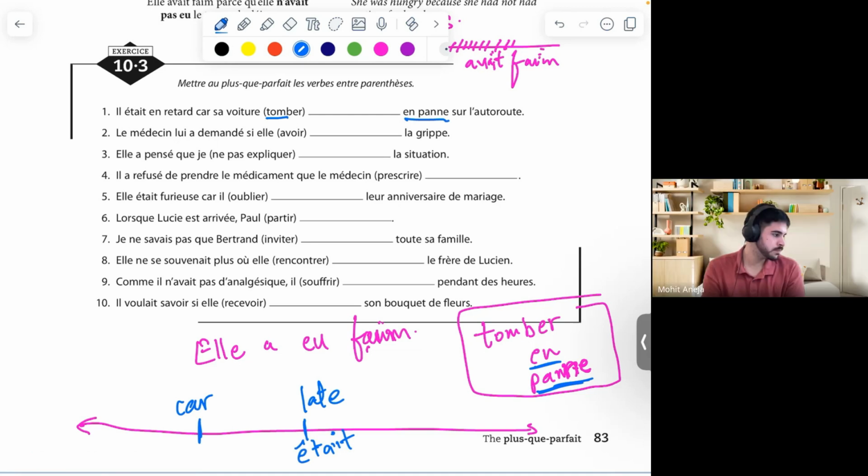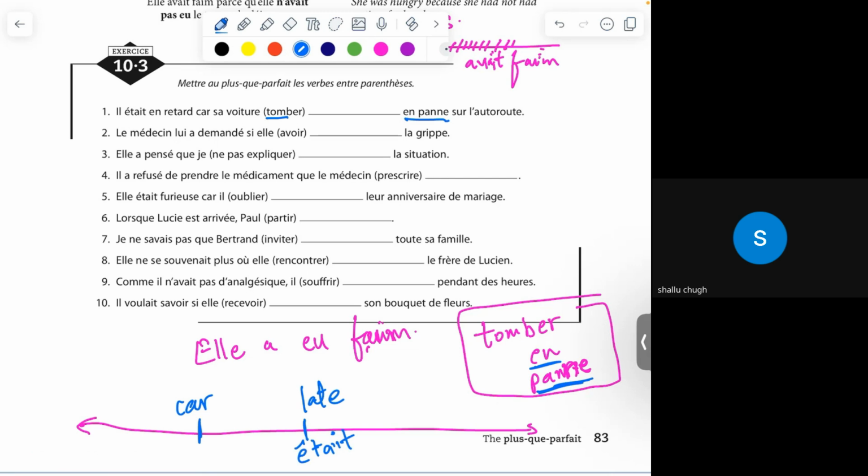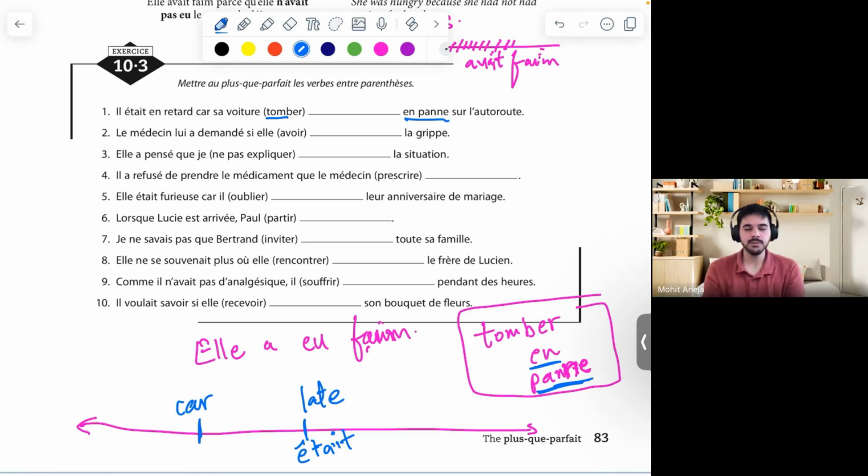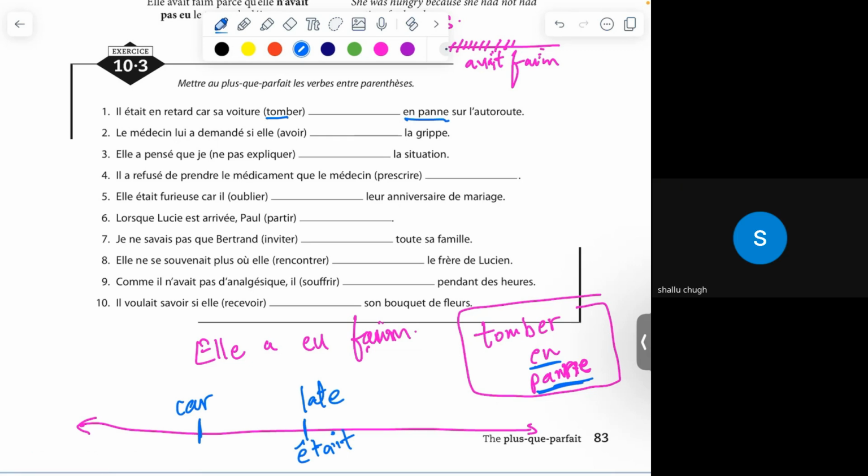Tombe is an être verb, I think. Yes, so it passes the first test, conjugated with être, très bien. So it will be conjugated with être। अब subject क्या है यहाँ पे? Who fell in panne? Voiture.